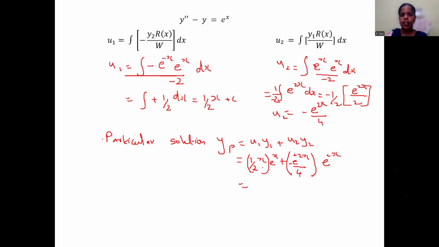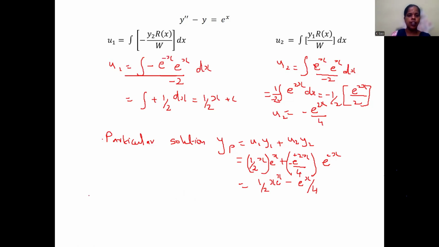So directly you can write 1 by 2 x e power x. Here the minus sign is there, plus into minus becomes minus. Here the powers are both exponential, so 2x is there, here minus x is there, 2x minus x is x. So e power x by 4. So this is your yp value.